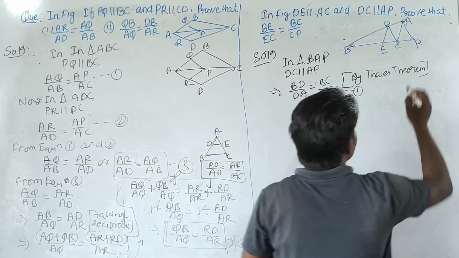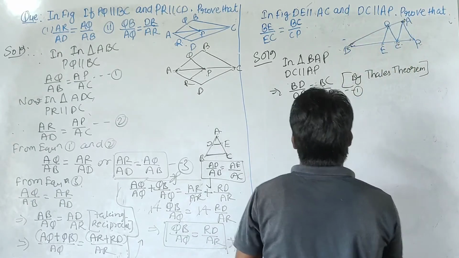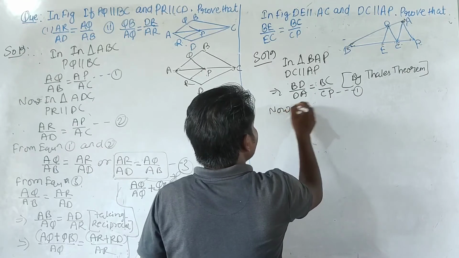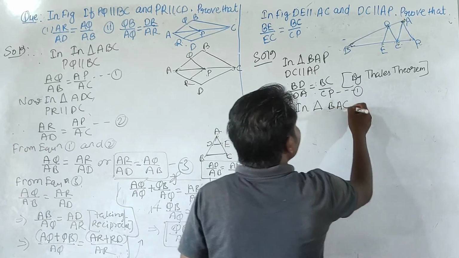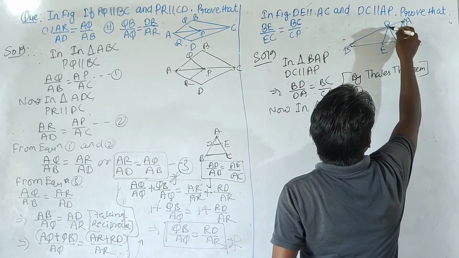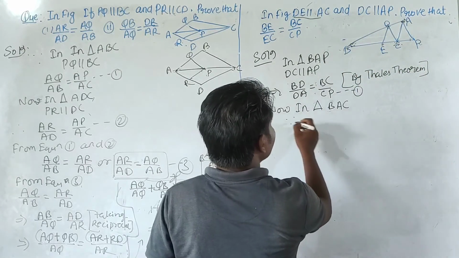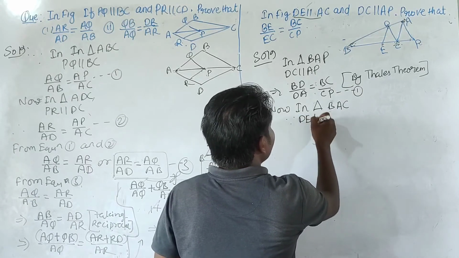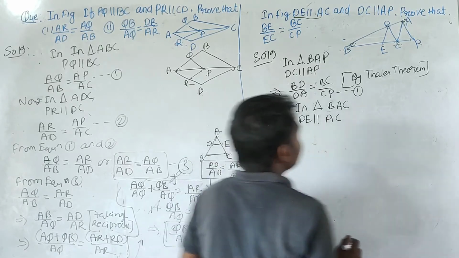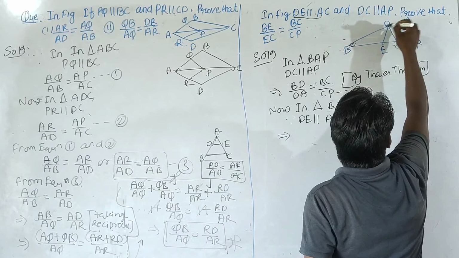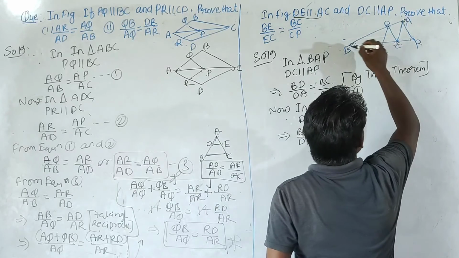Now if we take triangle BAC, in this triangle, because DE is parallel to AC, which is given, again by Thales theorem we can write BD by DA will be equal to BE by AC.